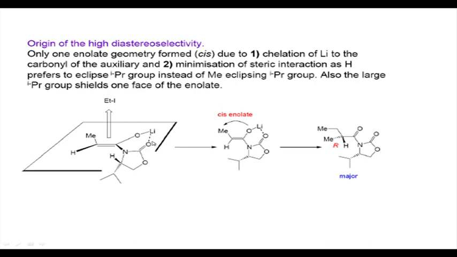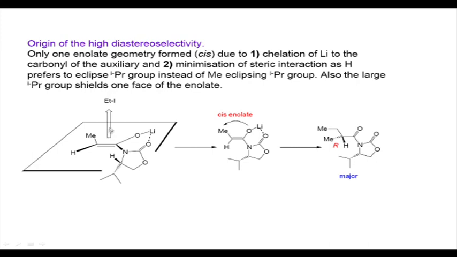Remember, this carbon-nitrogen bond can rotate, but that rotation is restricted because of the formation of this chelate. Now this isopropyl group is pointing downwards, that came from the chiral auxiliary. That is decided by the chiral auxiliary, and in the chiral auxiliary that was taken, this isopropyl group is alpha.